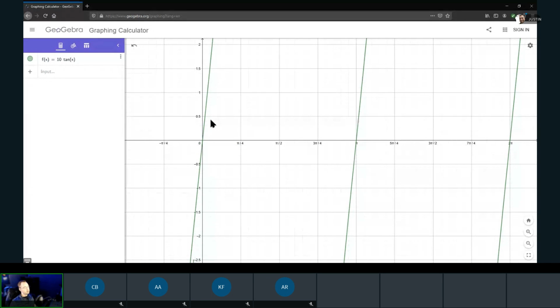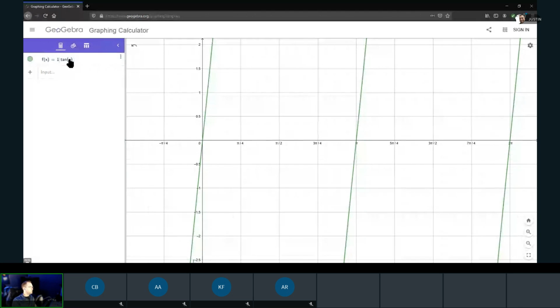The period of tangent and cotangent, again, from last week, do you recall what the period of tangent and cotangent are? It is pi, yep. So the period doesn't change now. If the amplitude is greater than 1, it makes it more steep.